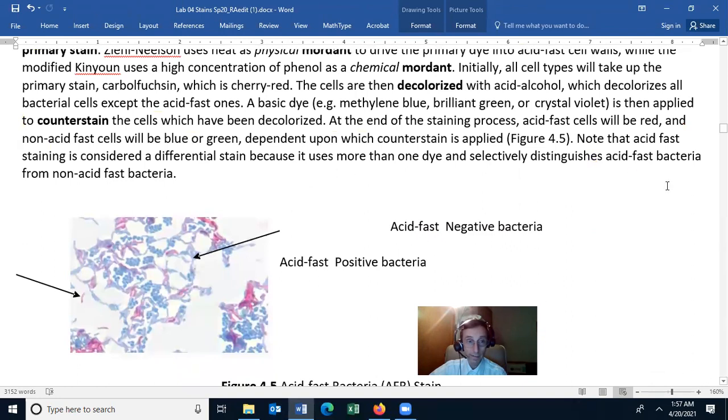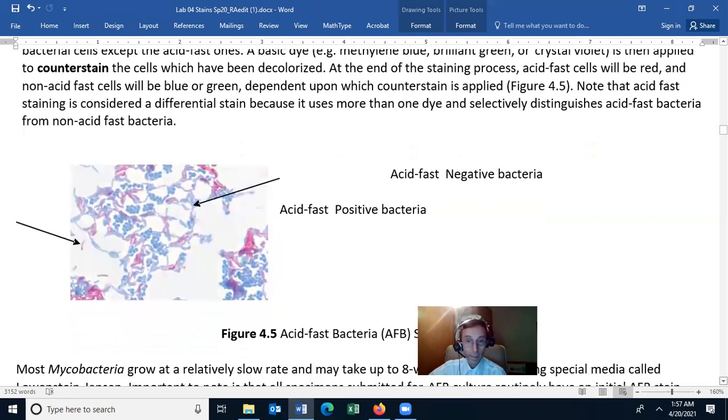And in the acid-fast stain, the acid-fast negative bacteria stain greenish, but the stain could also be bluish depending on what your counterstain is. And then the acid-fast positive bacteria stain pinkish or reddish. Okay?